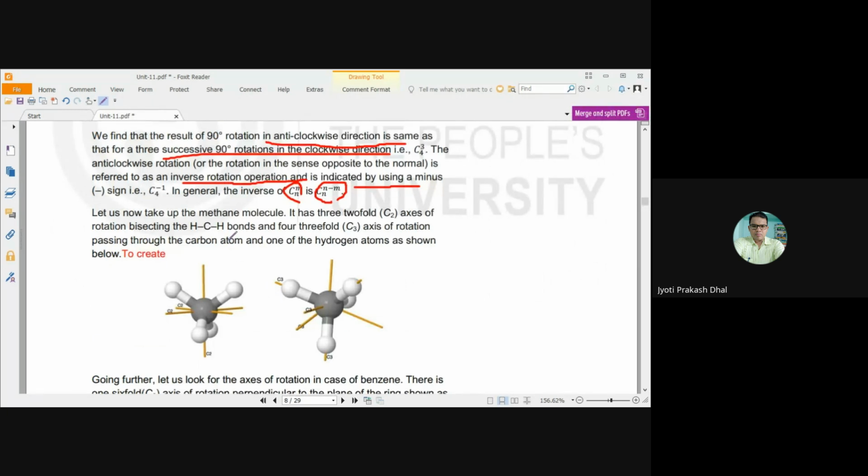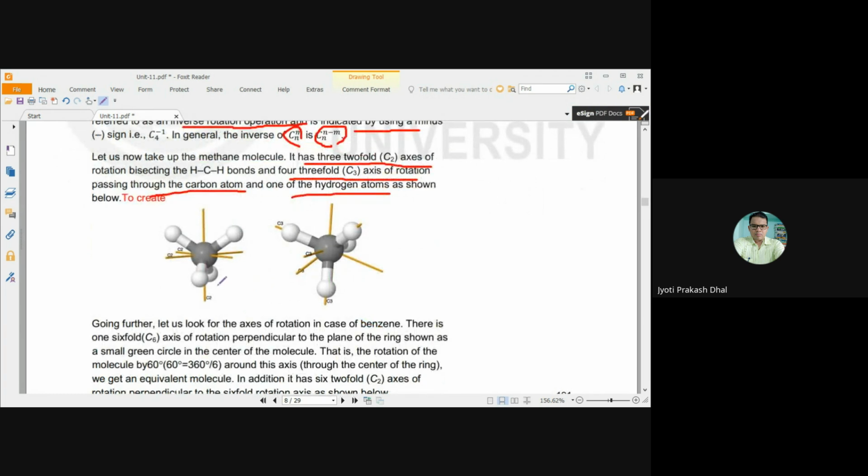Now let us consider the methane molecule. We know that the structure of the methane molecule is tetrahedral. The methane molecule has three two-fold axes of rotation, apart from the four three-fold axes of rotation passing through the carbon atom and one of the hydrogen atoms.